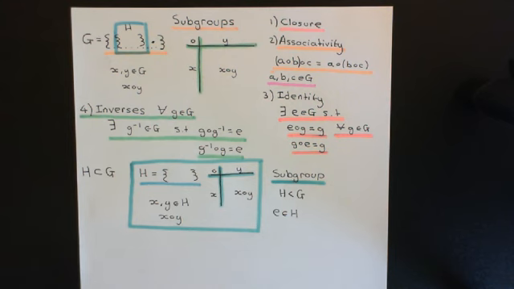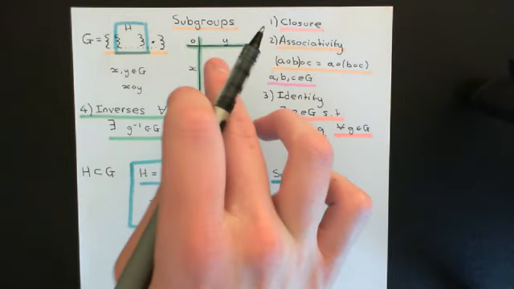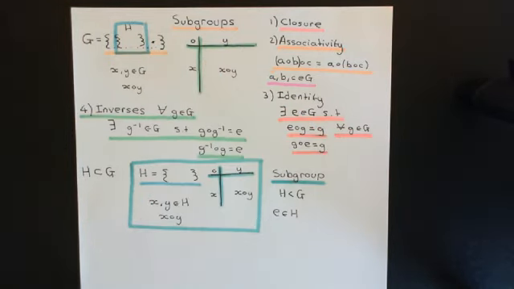Now for any subset you can dream up of capital G, you can build a very easy composition law on that subset. You can just steal the composition that you had from capital G basically.